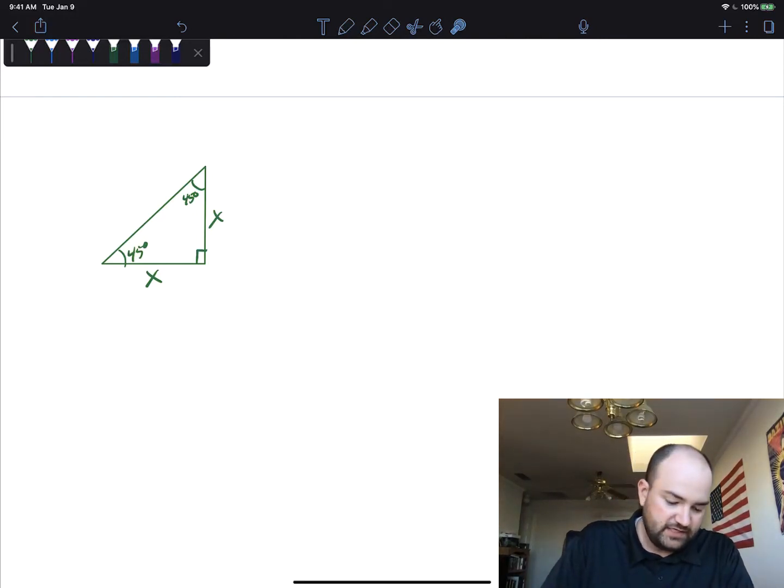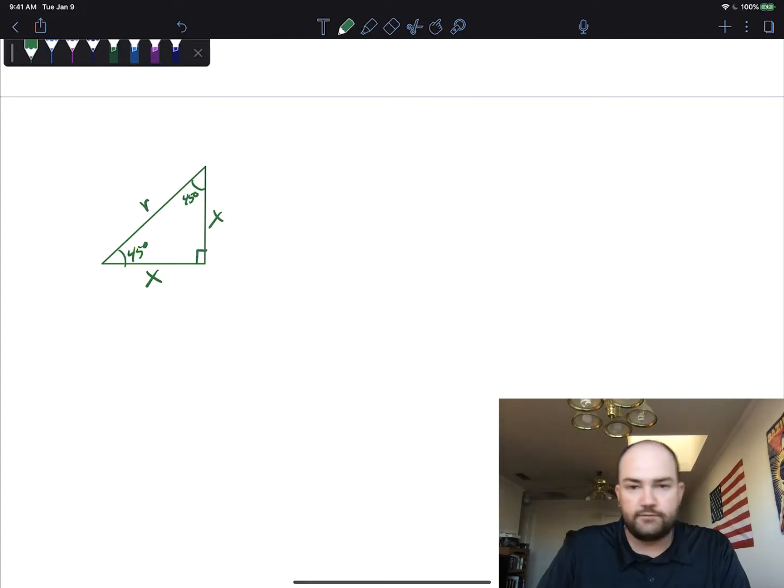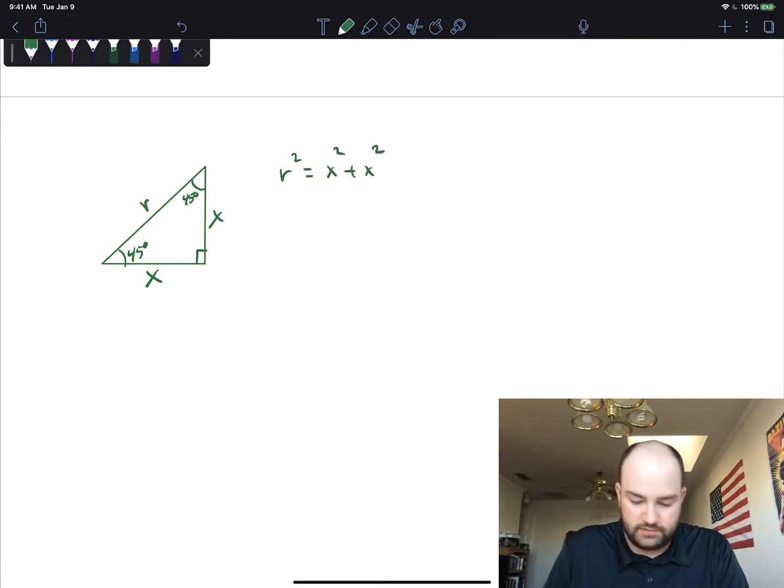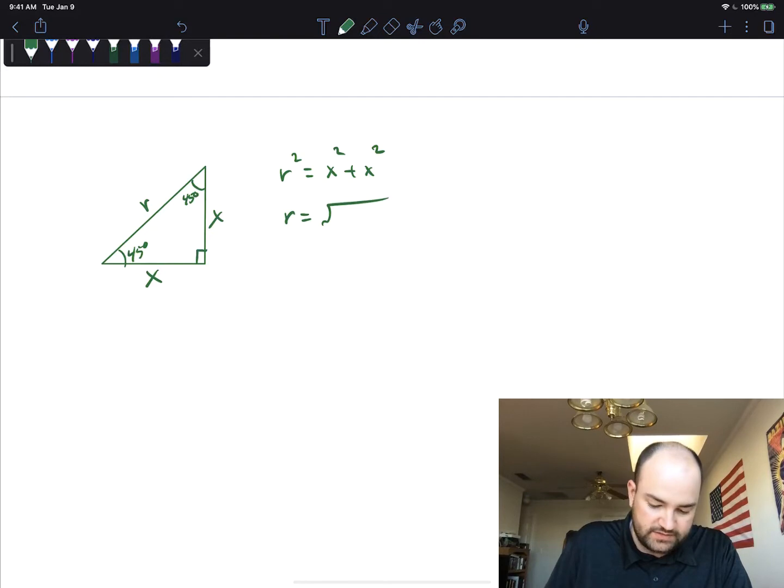And if this is the r, the hypotenuse, or r for the radius, and I want to find r squared here, it would be x squared plus x squared using the Pythagorean theorem, which means r is the square root of x squared plus x squared. So r is the square root of 2x squared, which means r is the square root of 2 times x.